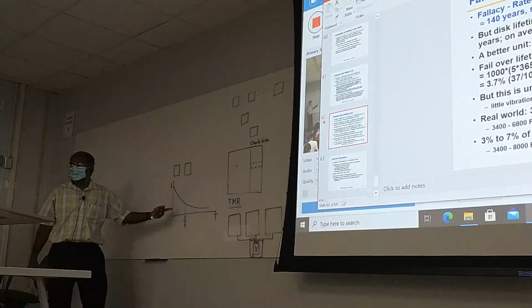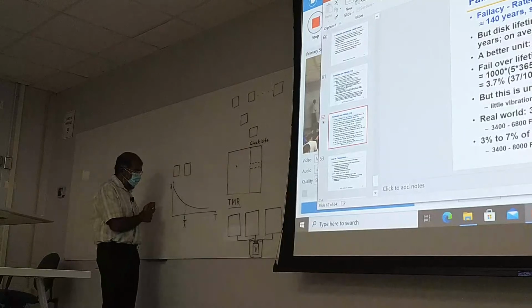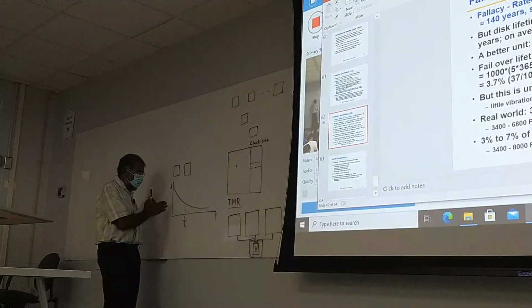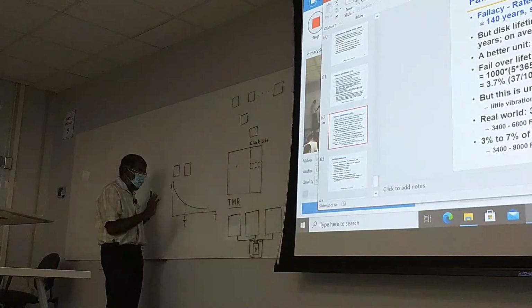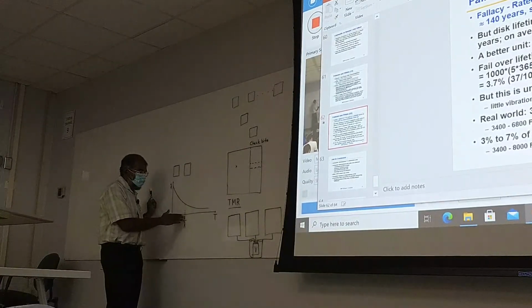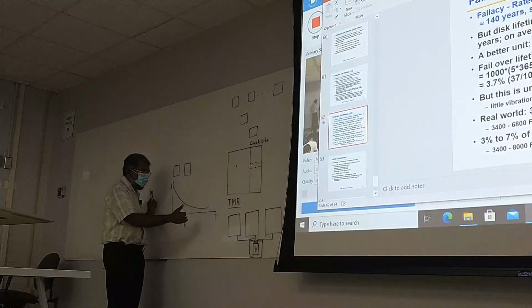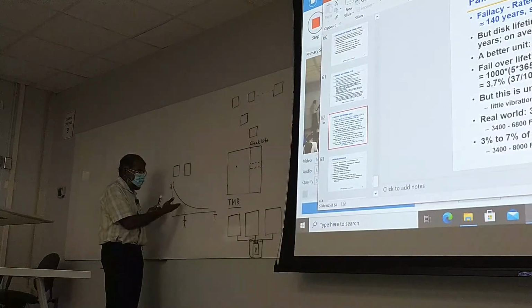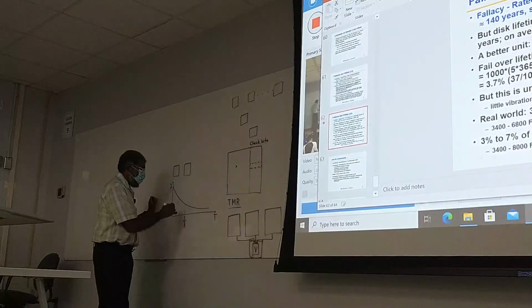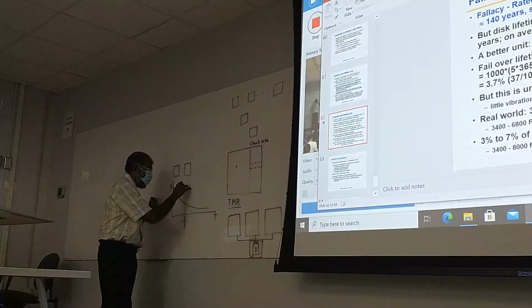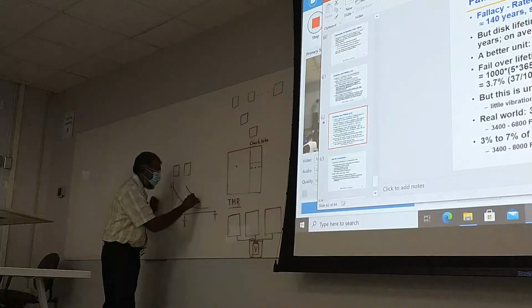But the thing about this model is, let's say we came up to this point and it did not fail at all. What is the new likelihood for it to fail? It has the memoryless property. So if it has not failed till then, now it is a different curve.